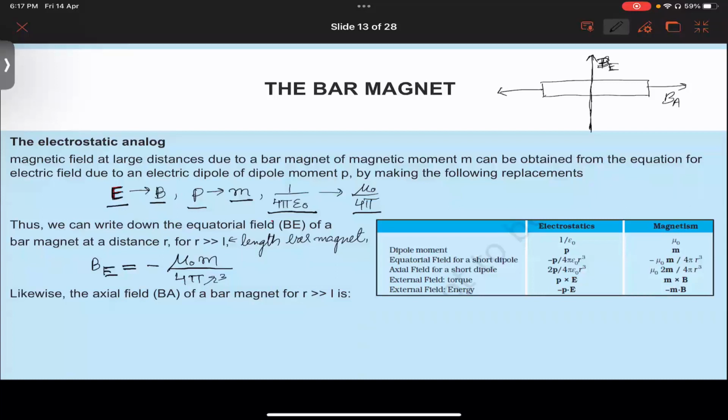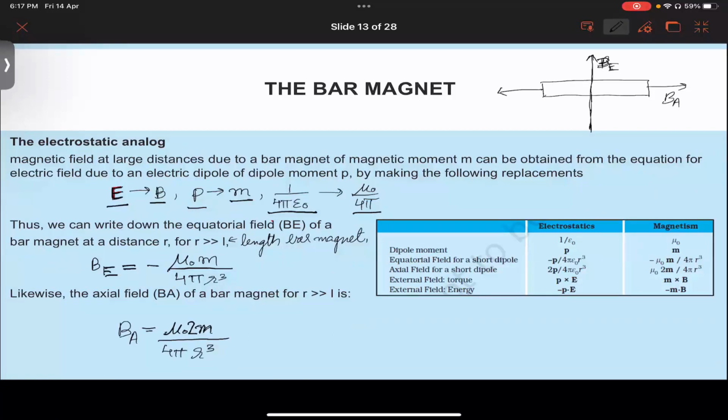And similarly, the axial field would be mu 0, this would be 2m, by 4 pi r cubed.